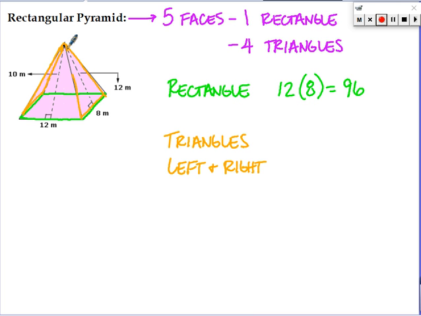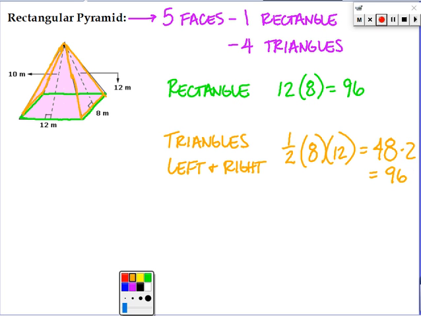There we go. So those left and the right, now it's still going to be 1/2 base times height. So the base of those is 8, and the height of those are 12. So that's going to give me a total of 48. Now I am going to multiply this by 2 because there's 2 of them. One on the left, one on the right, so that's going to be 96.